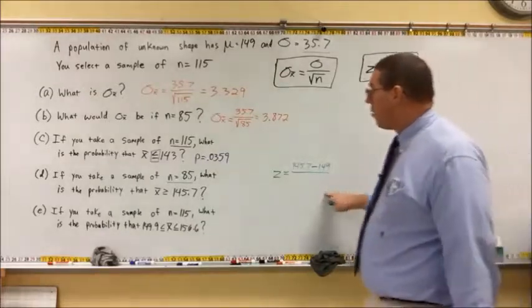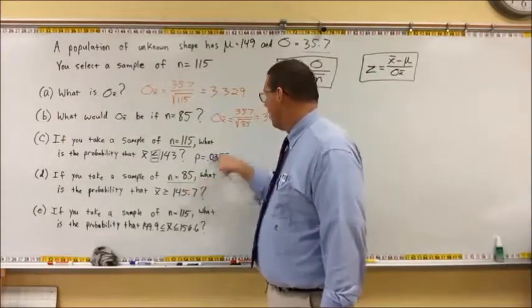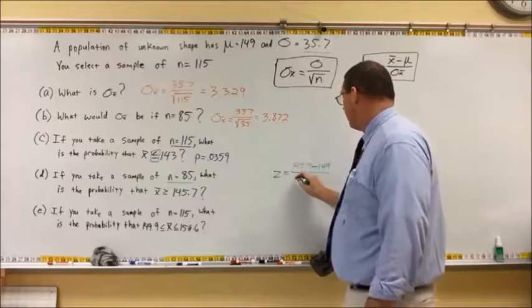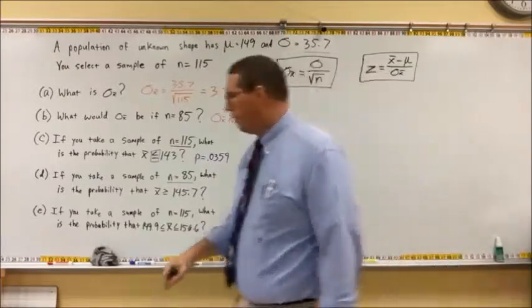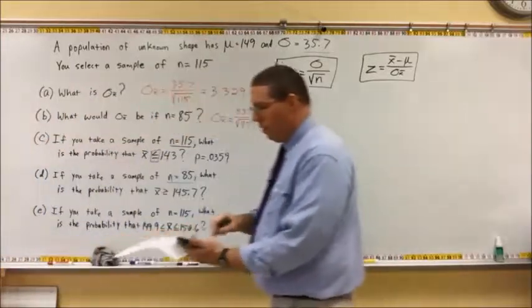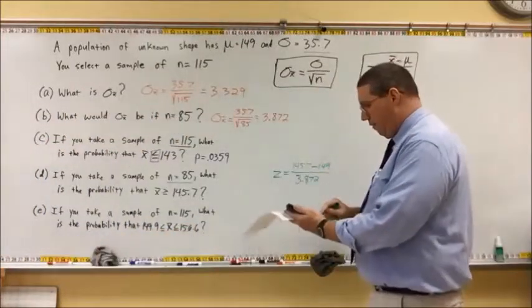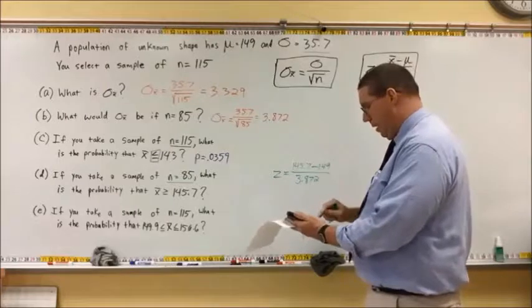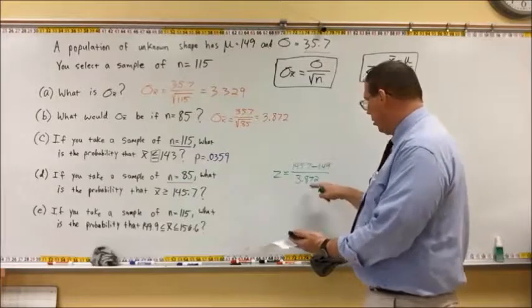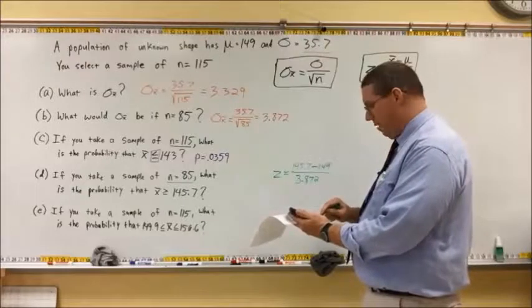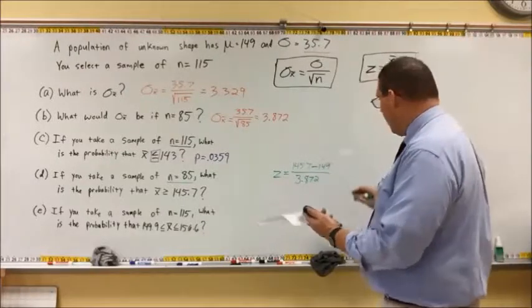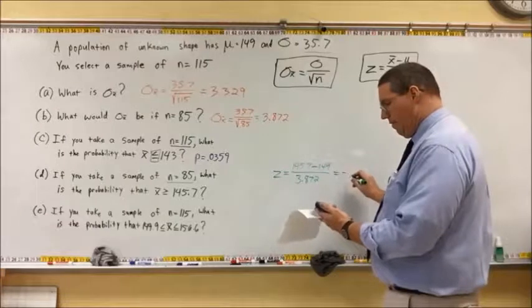And the standard error for a sample size of 85 is 3.872. We're going to do this in a calculator: 145.7 minus 149, that's negative 3.3, divided by 3.872 gives us a z-score of negative 0.85.